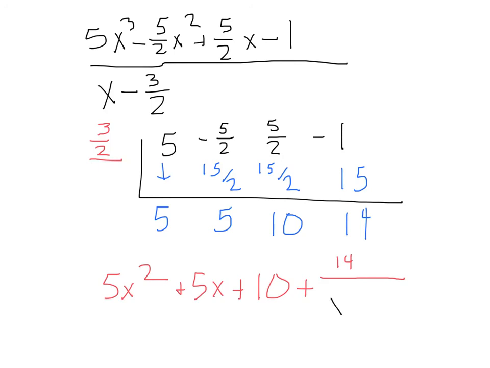And instead of writing x minus 3 halves, because we don't want this extra complex fraction down here, an easier way to do it is to move this back up here. Let's rewrite what we started with. Remember, we started with 2x minus 3 before we divided by 2. So we're going to put our remainder down here, divided by 2x minus 3, just because it looks cleaner, it's simplified, and all of this down here is going to be our answer.